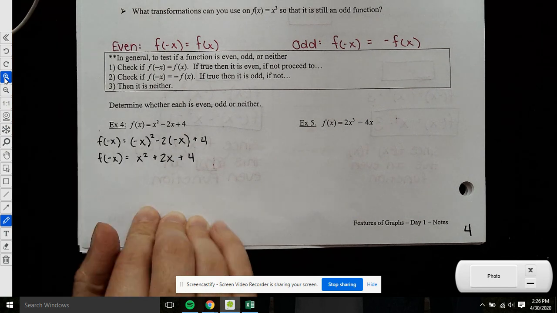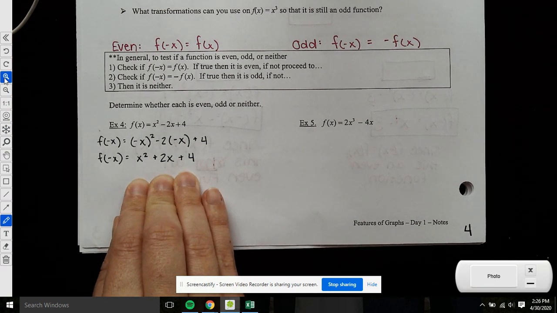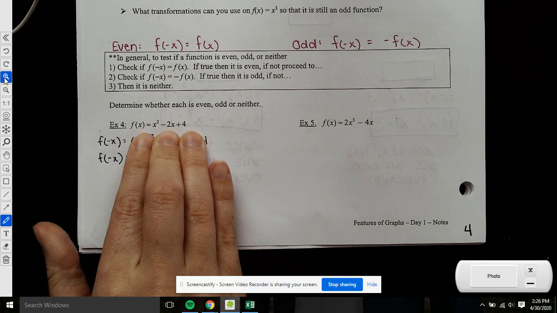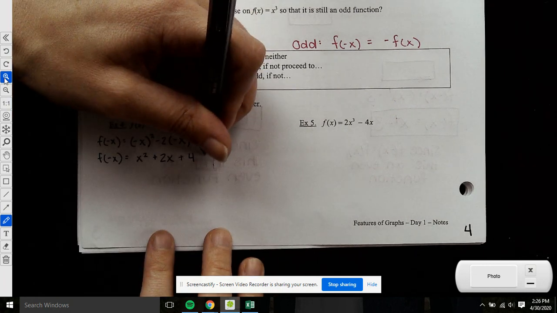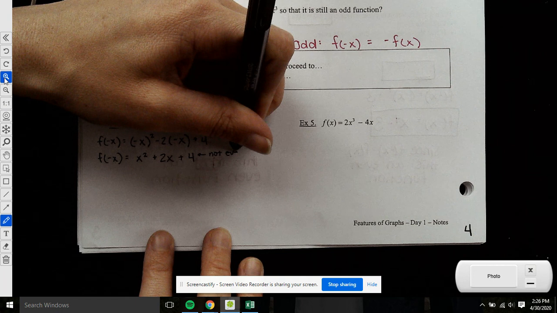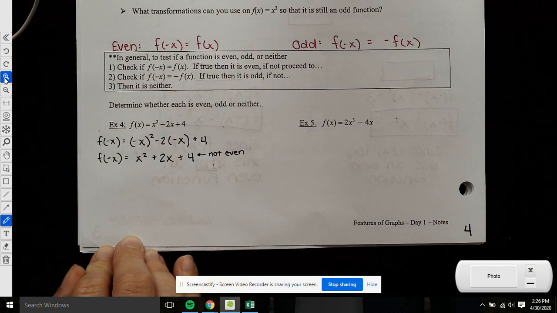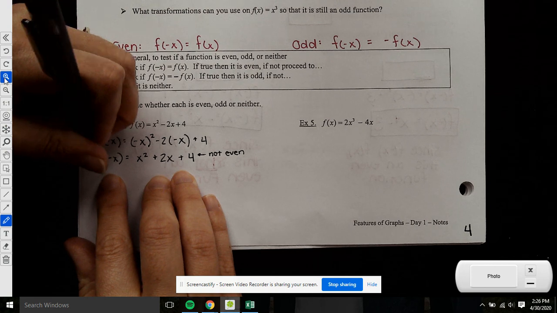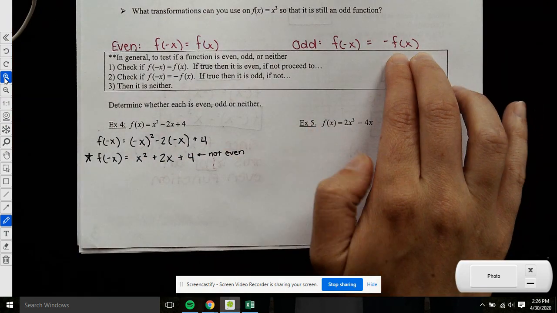Now, we can tell that this is not going to be even because x squared plus 2x plus 4 is not the same as x squared minus 2x plus 4. So this automatically tells me not even. Once I check to see if it's even, now I go forward and check to see if it's odd instead. In order to check if it's odd, I'm going to see if f of negative x is equal to negative f of x.